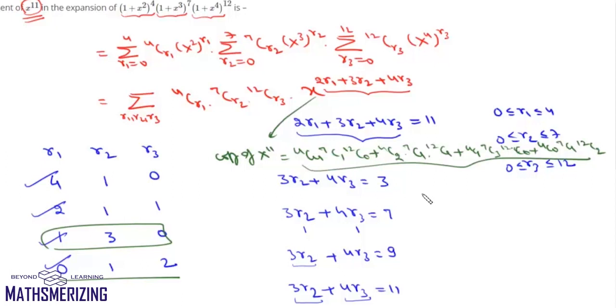So we'll find this sum, it comes out to be 1113. So the answer to this question is that the coefficient of x to the power 11 in this expansion is 1113.